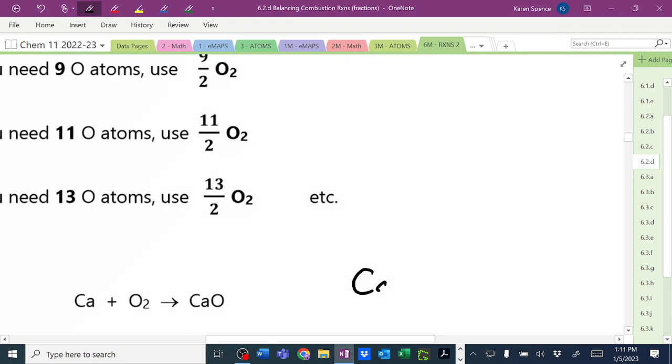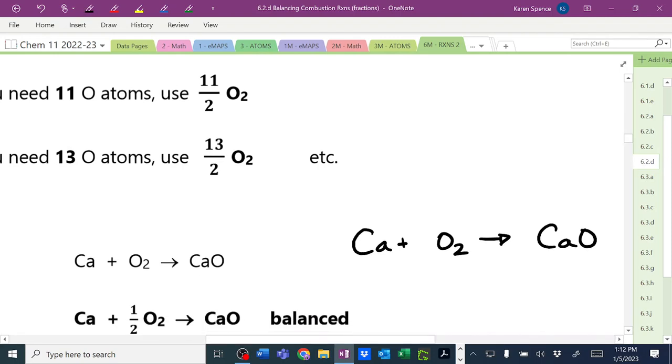Now, let's try the following here. We have Ca plus O2 gives CaO. Now, I know you could balance this without halves, but we're trying it out on a really simple example. I have Ca, I have 1, O, I have 2, Ca, I have 1, and O, I have 1.